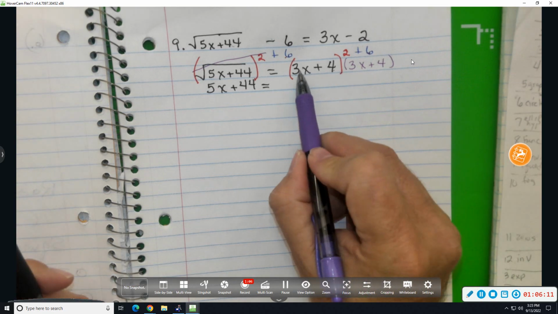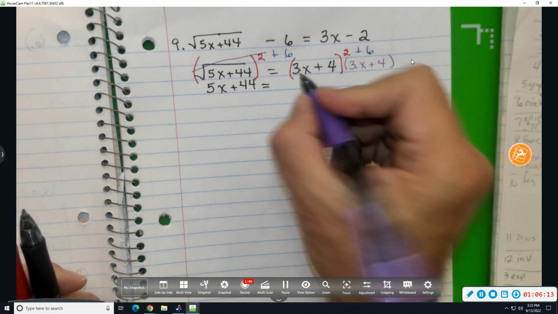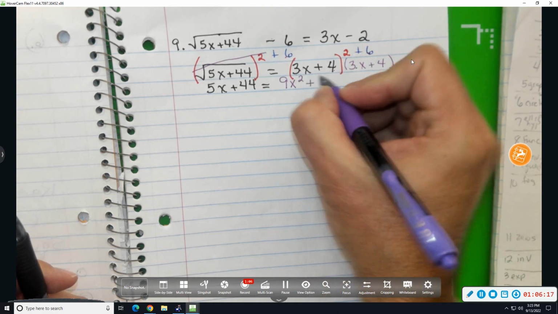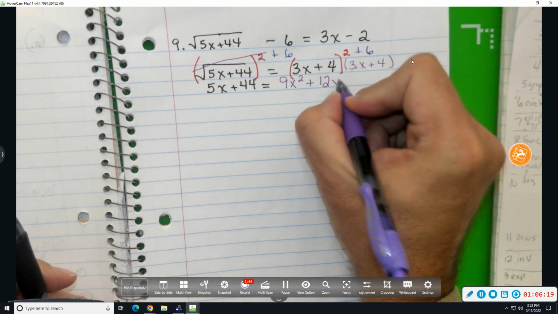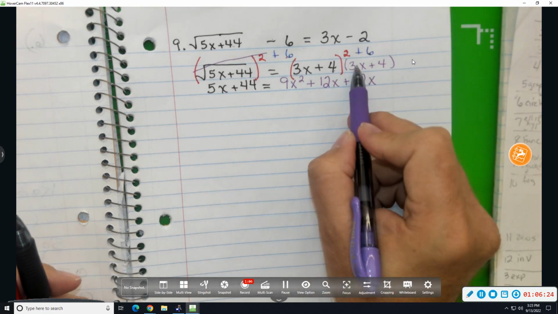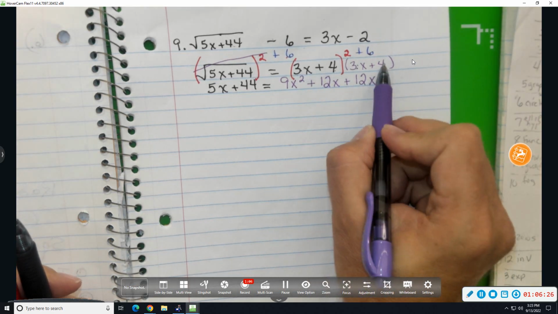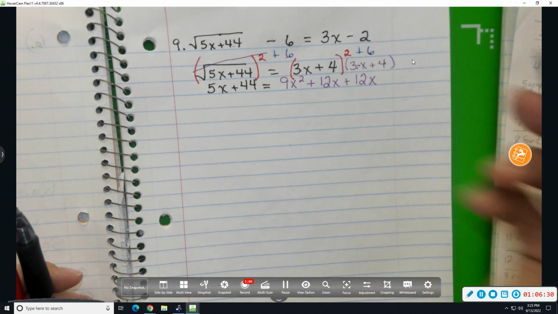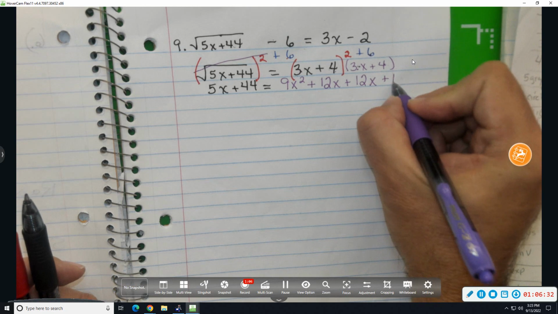So foiling it out, we'd have 9x squared plus 12x plus 12x plus 16.